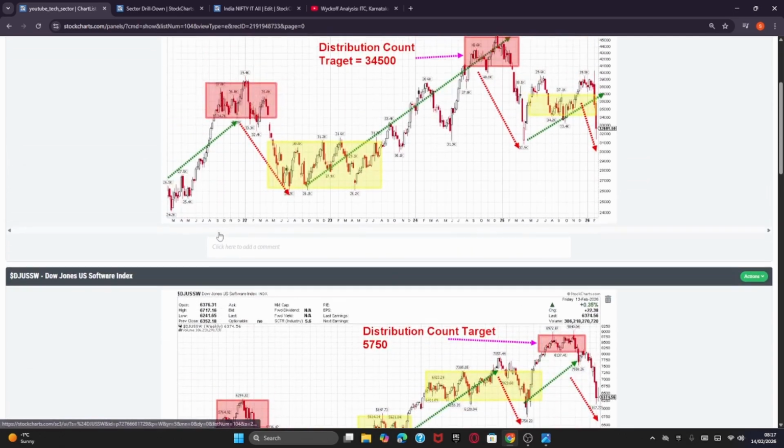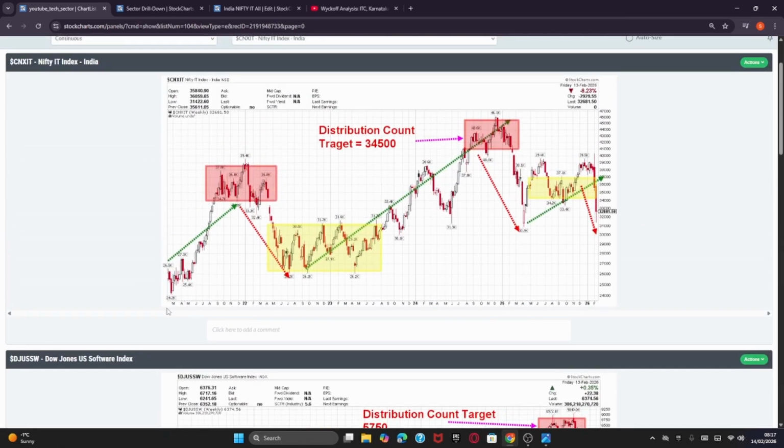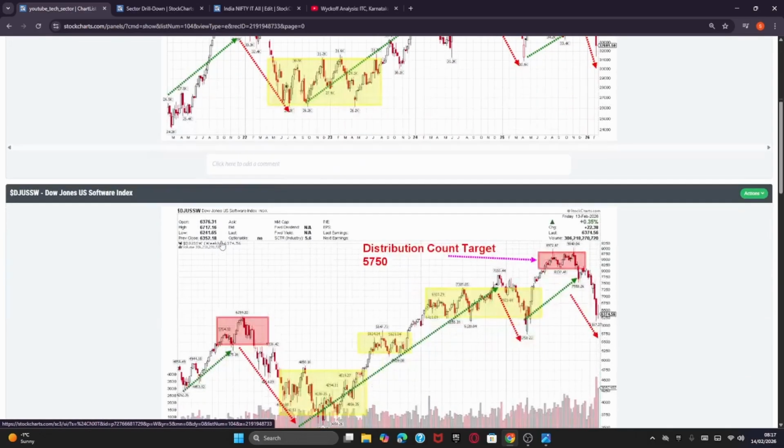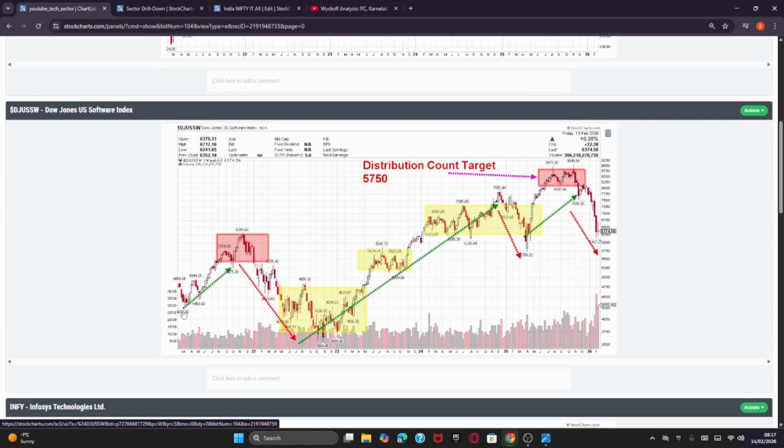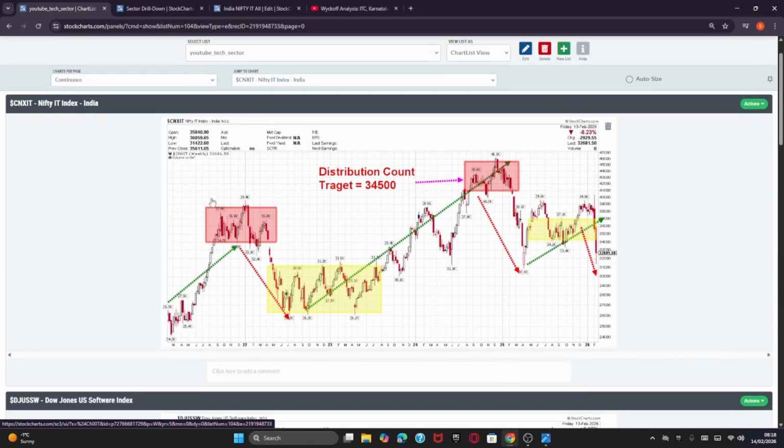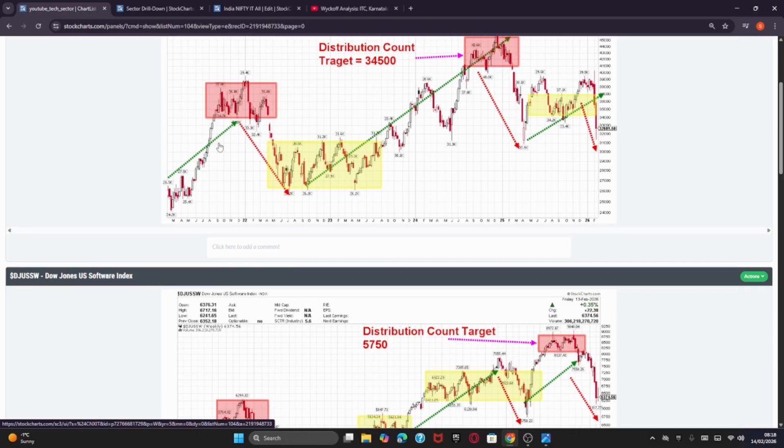So let's start from the year 2021. If you look at the initial markup, it is almost exactly the same way in the US and Indian markets; both have a similar markup.